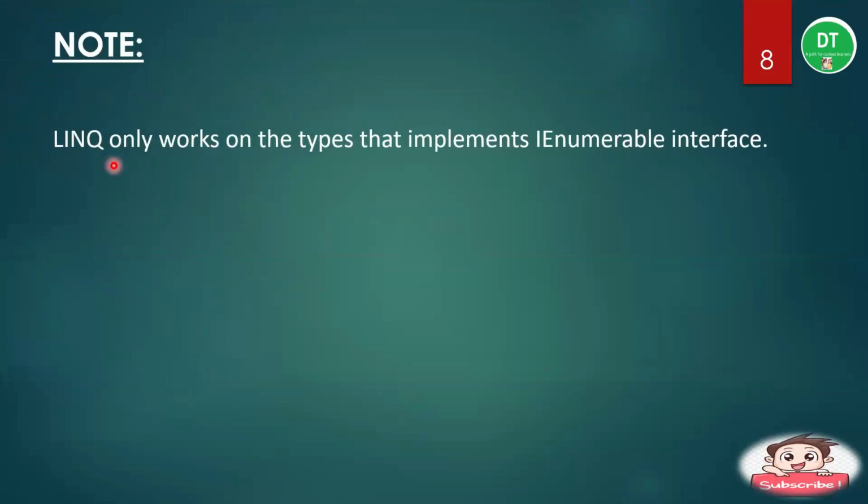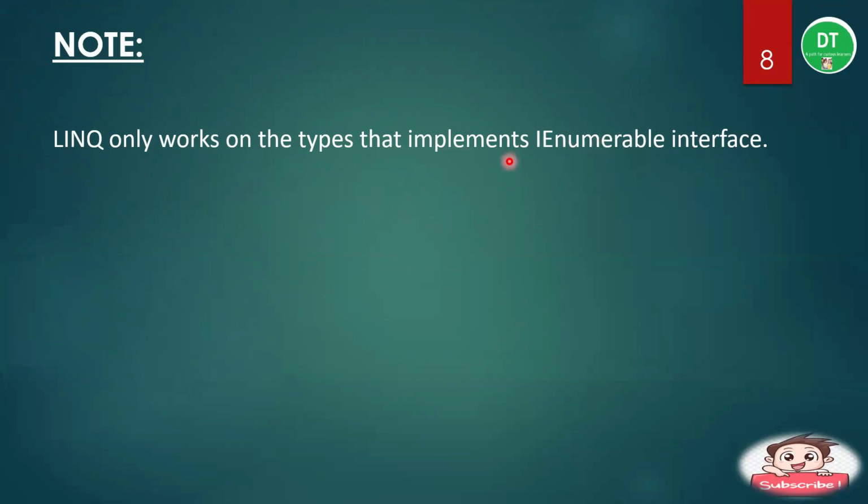Note: LINQ only works on the types that implement the IEnumerable interface. Means that we can query the data only from collections or from types, meaning user defined types or inbuilt types. Like if you are having a list of employees, the list collection implements IEnumerable.